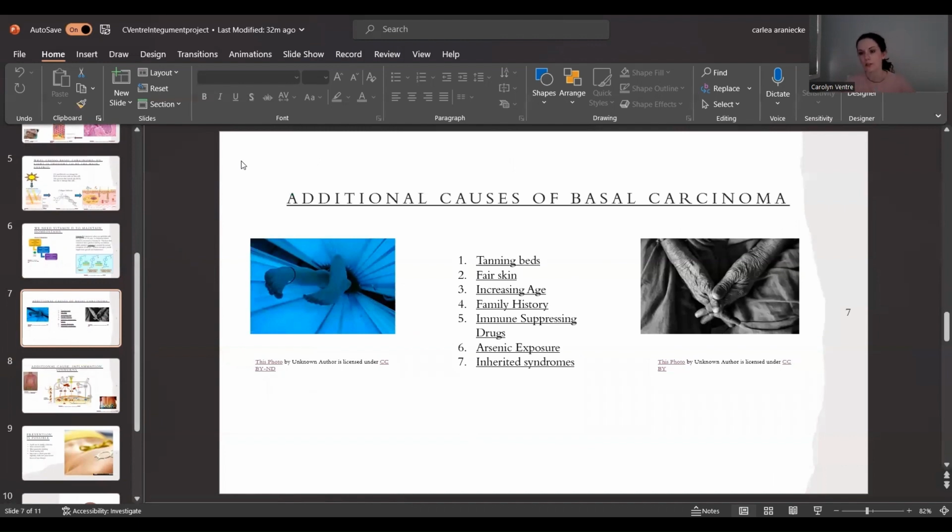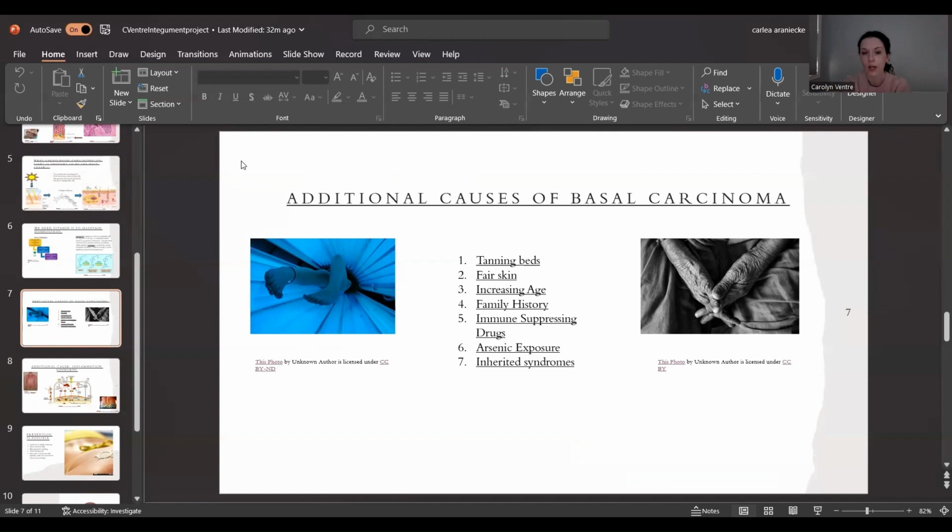There are additional causes of basal carcinoma besides UV light from the sun. With tanning beds, you get extreme amounts of UV light. People that have fair skin, like me, for example, have an increased risk of developing it. Age also has an effect, as you can have more of a chance of getting it.